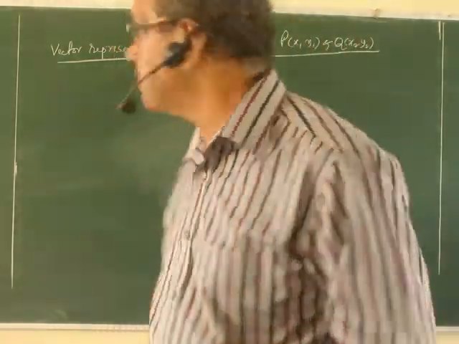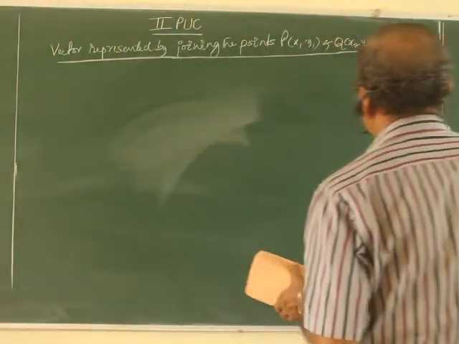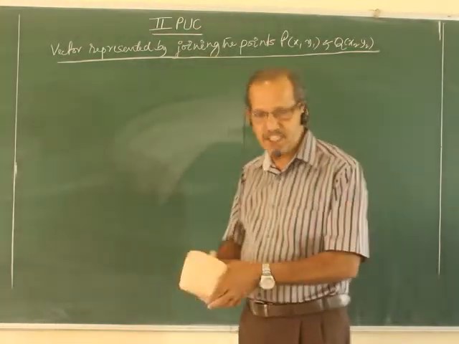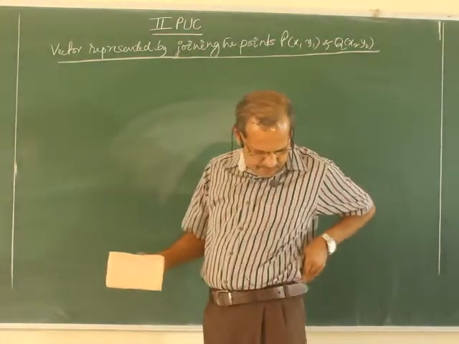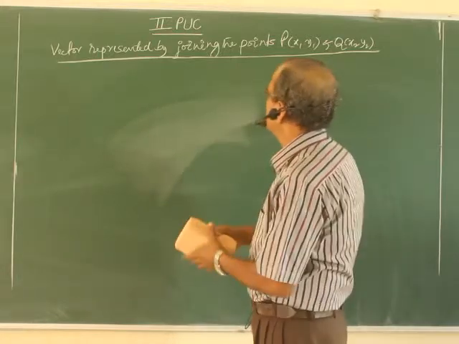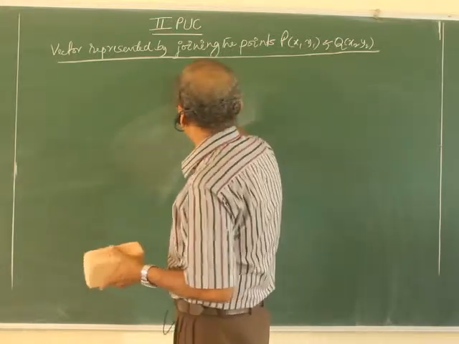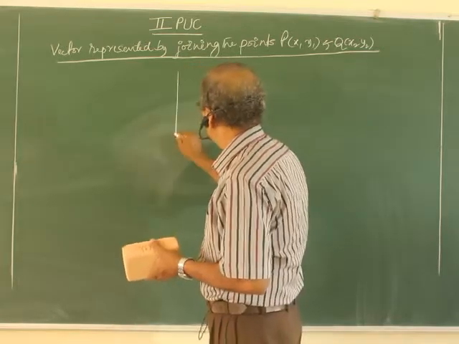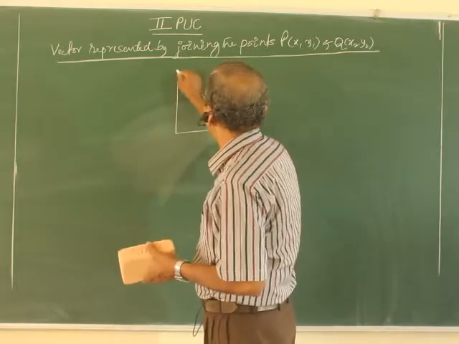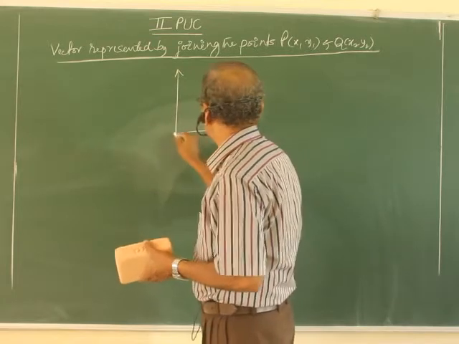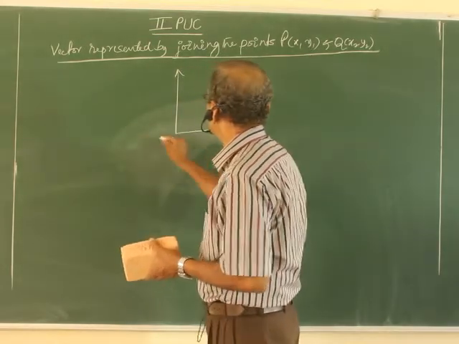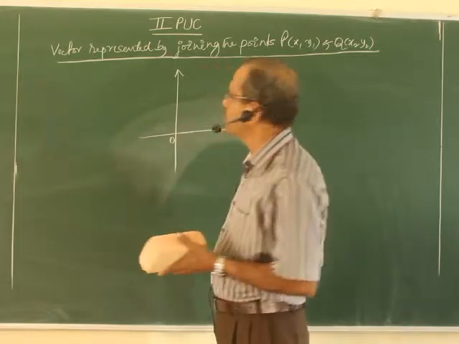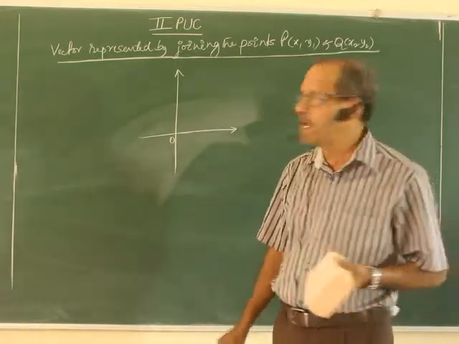Vector represented by joining the points P and Q. What is this? It is just 3 dimension or 2 dimension, one and the same. Let me show the 2-dimensional case because it is applicable for both 2-dimensional as well as 3-dimensional.